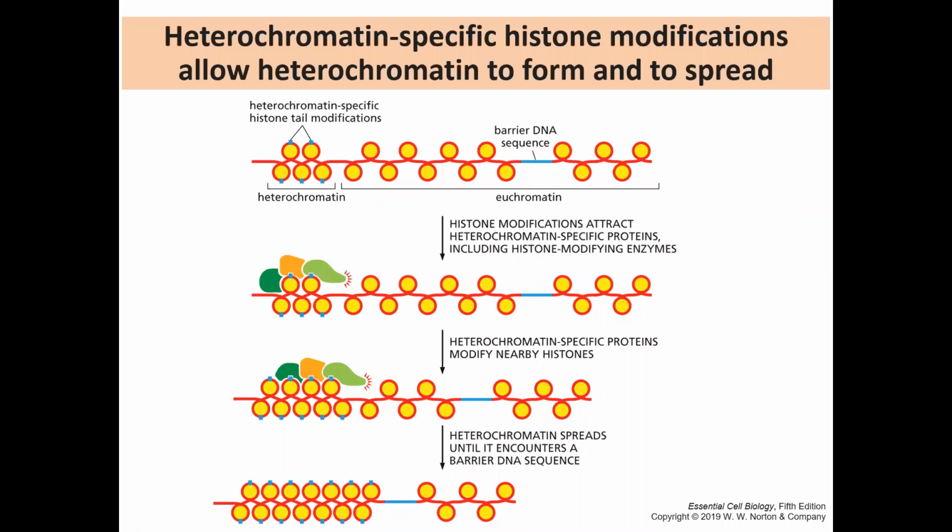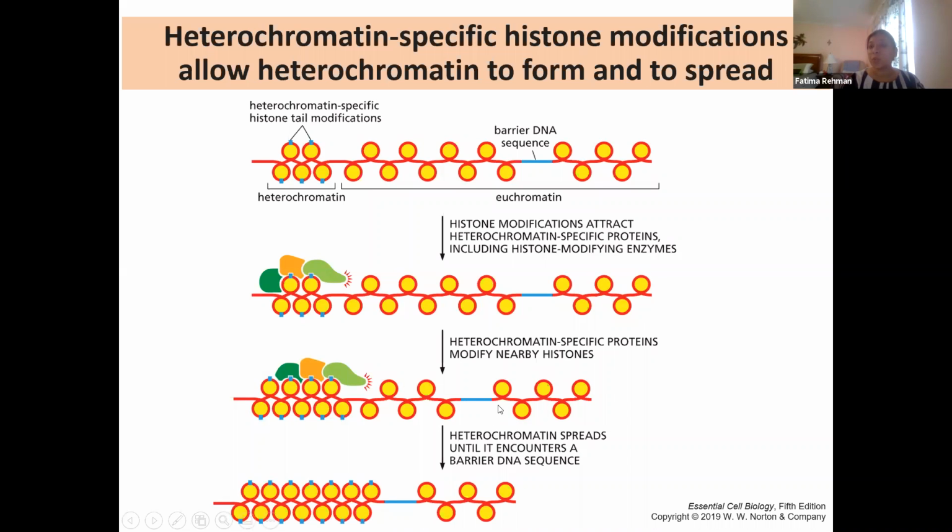Got it. Thank you. So for this slide, the barrier DNA sequence is essentially telling the body to stop transcription or anything like that? Well, usually those areas will contain actively transcribing genes.